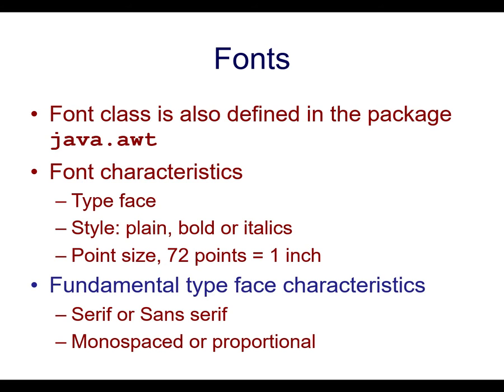There are two fundamental typeface characteristics. The first is whether or not the font has serifs. The font used most on this slide is Arial, which is a sans, French for without, serif font. The package name java.awt is written in Courier, which has serifs.